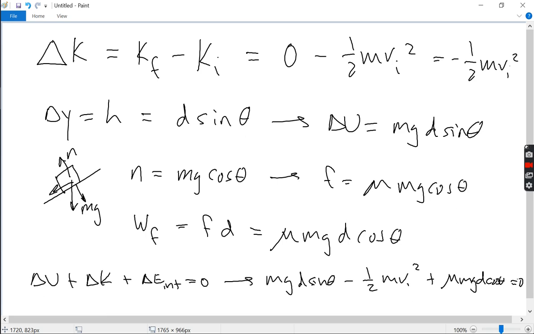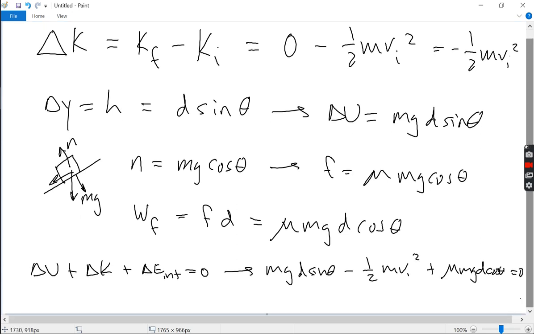So this is one big equation for one unknown, mu, which is what we want to solve for.